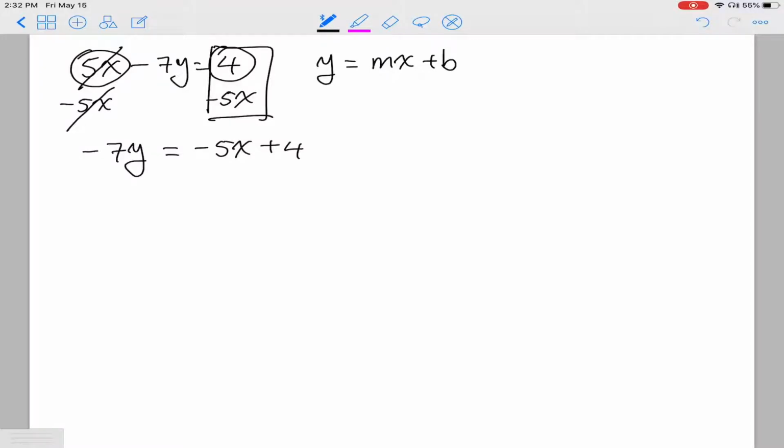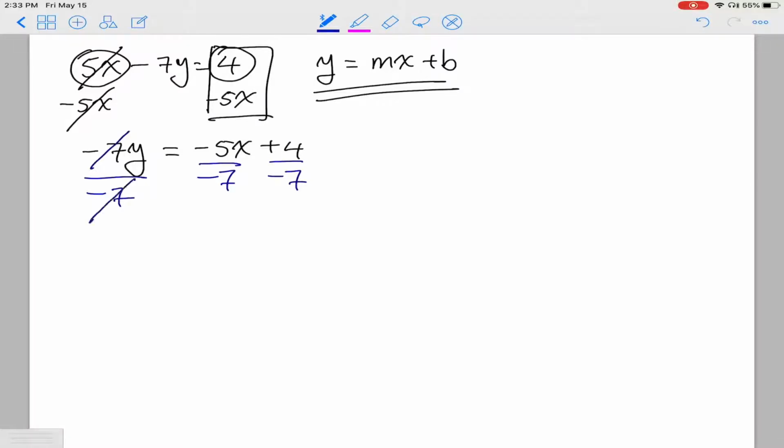However, we still have negative 7 in front of the y, and because of that we have to get rid of the negative 7 since we're going towards that y equals mx plus b form. Since this is negative 7 times y, you divide this by negative 7, and divide everything else by negative 7.